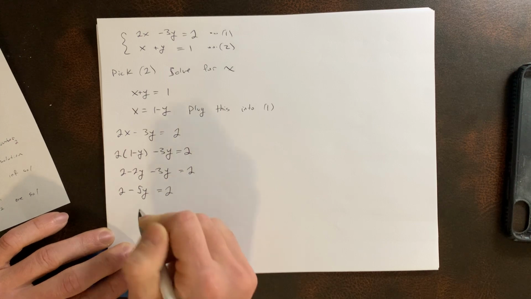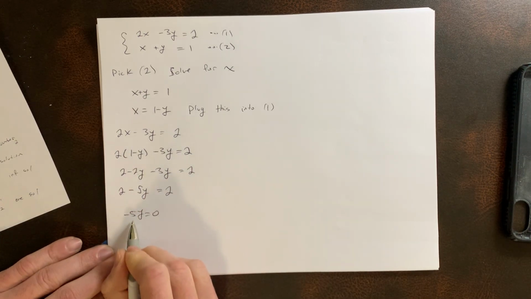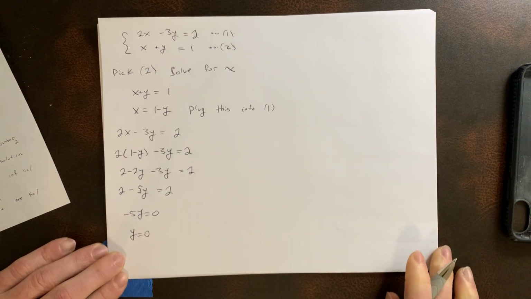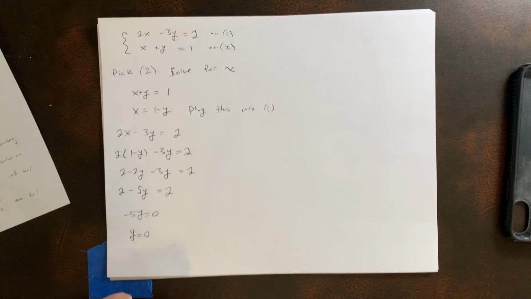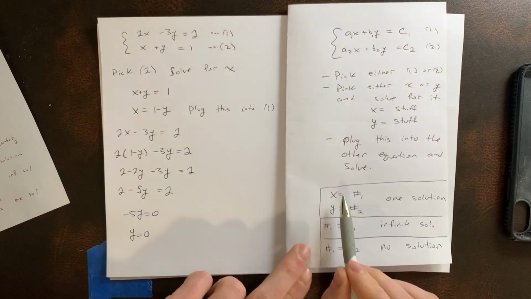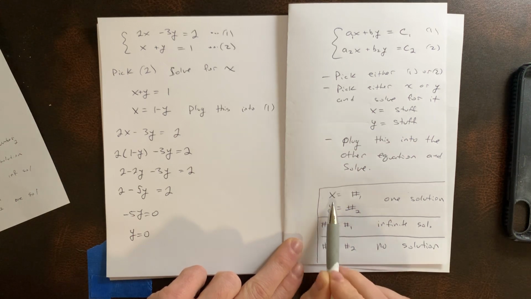We subtract the 2 over, so we get minus 5y is equal to 0. Then if we divide by minus 5, we get y is equal to 0. So we have y equal to a number. Looking at the previous page, you had these three situations: either a number is a number, one number is equal to a different number, or we have a situation like this.